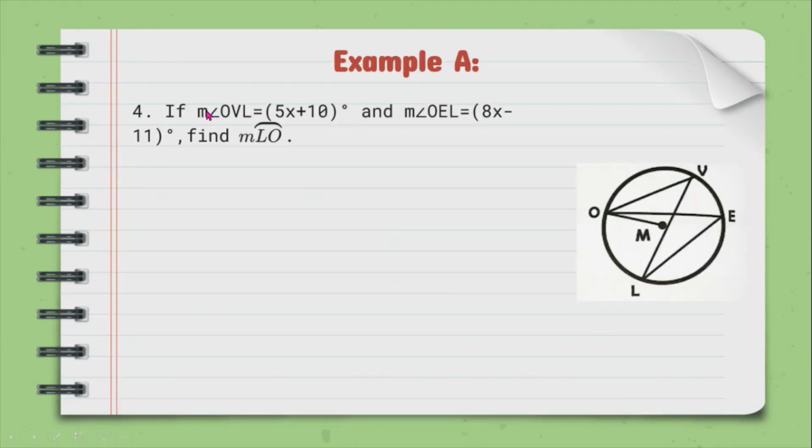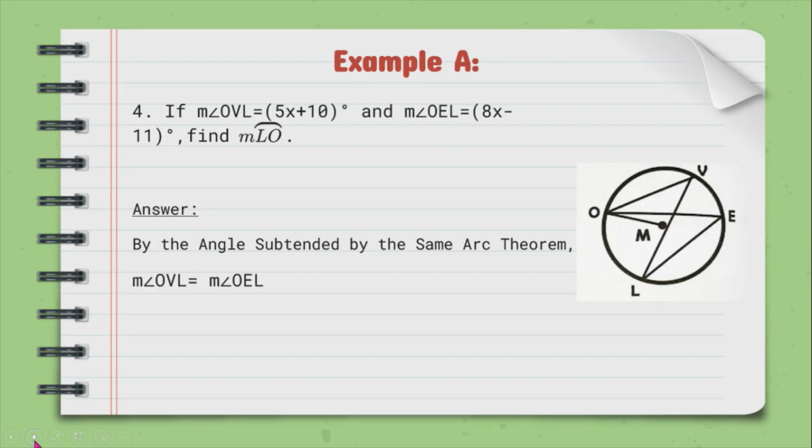For question number 4, if the measure of this angle OVL here is 5x plus 10, and the measure of this angle OEL here is 8x minus 11, find the measure of this arc LO. So by the angle subtended by the same arc theorem, we are just going to equate the measure of OVL to the measure of OEL.